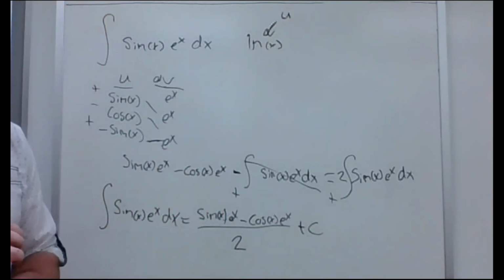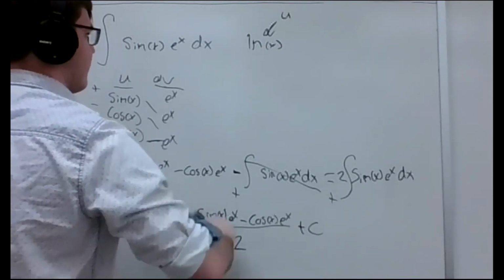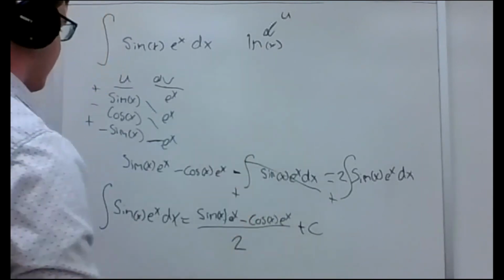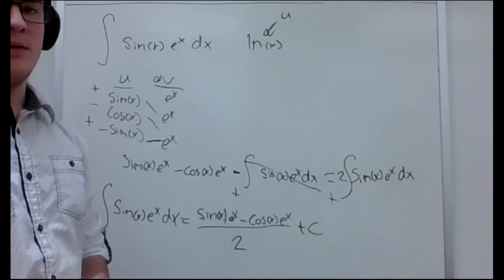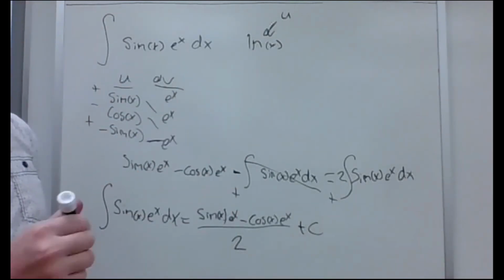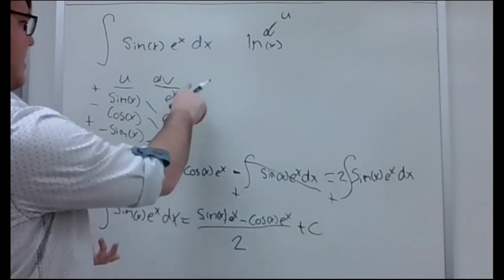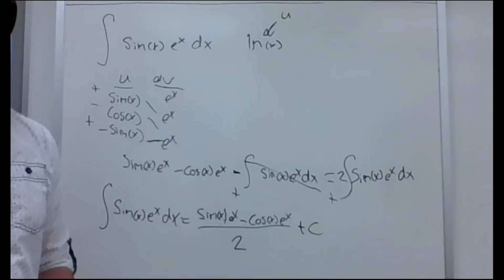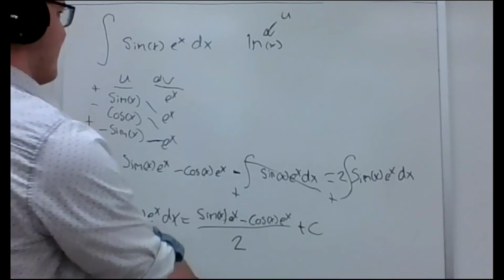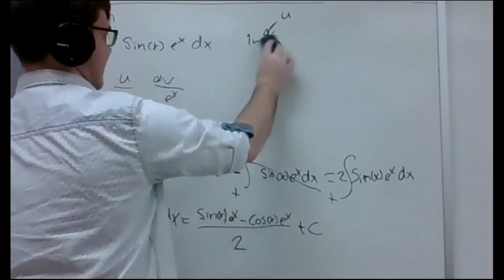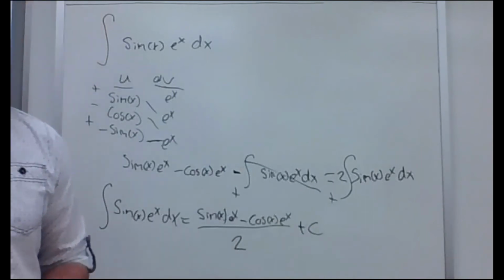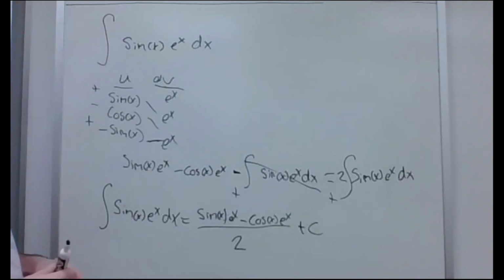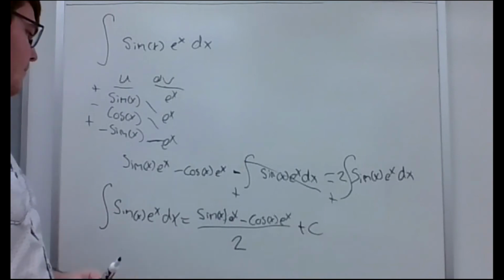And ln of something is always u. So if you're doing integration by parts on a problem and there's an ln in there, that's always got to be declared your u, because if it's your dv, it's like, well, ln x squared, it's weird. So that's handy to know that if you have this ln x in your equation and you're using integration by parts, it's always the u.